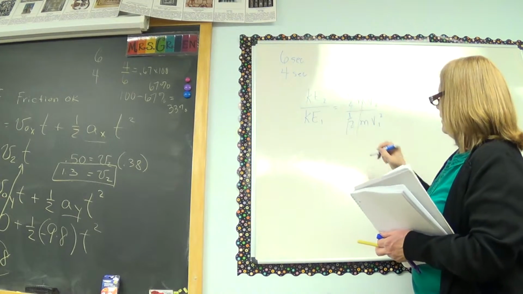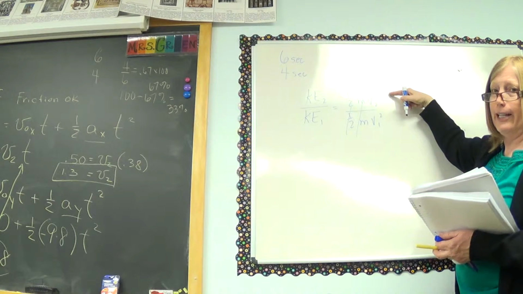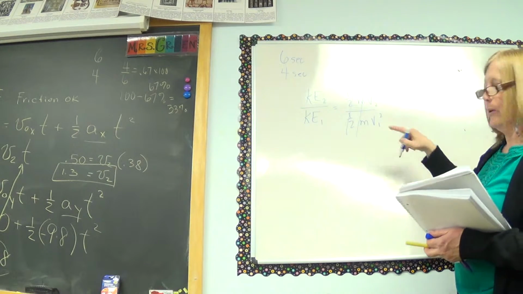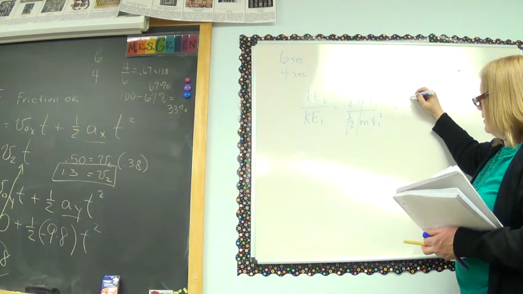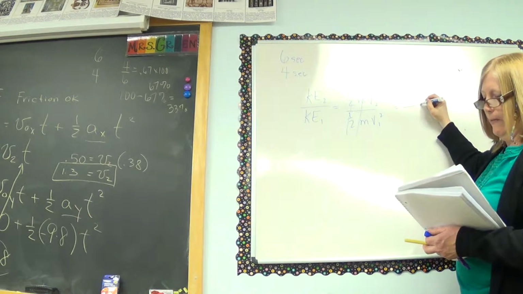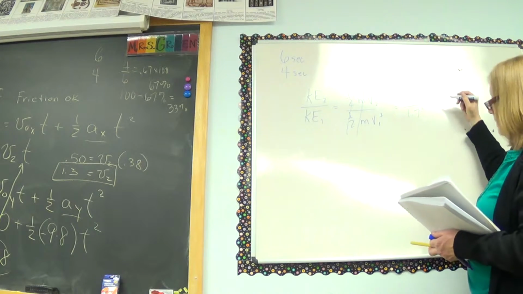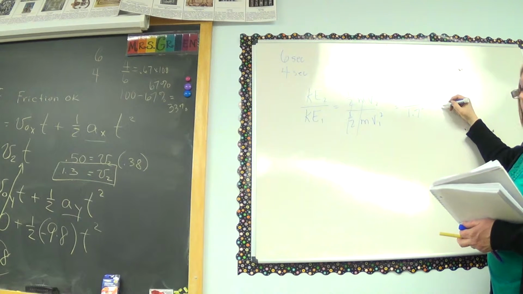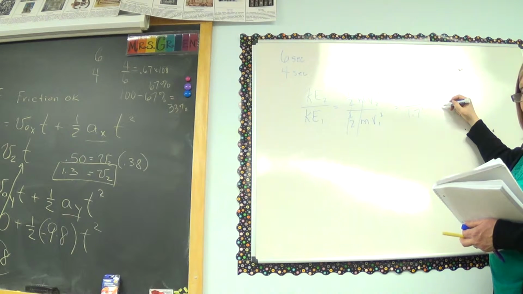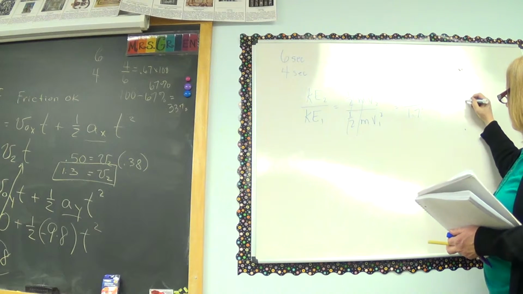The 1/2 and the m's cancel. So all I have to do is compare the square of velocity 2 to the square of velocity 1. So 1.3 squared divided by 1.7 squared. What does that yield? 0.58. So that's 58%.